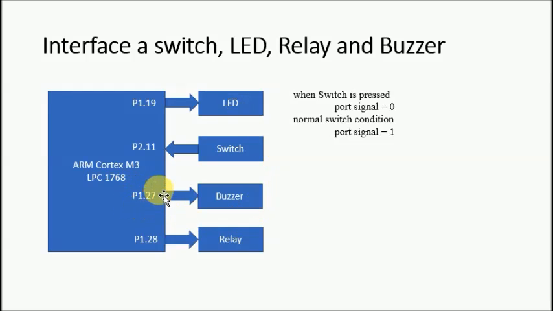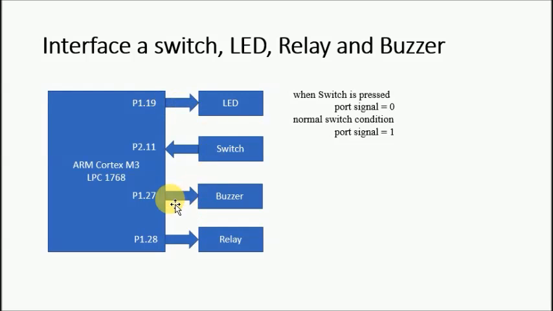When we make this pin P1.27, that is port 1 pin number 27, logic 1, the buzzer will be on. Similarly, when we want to operate the relay, port 1 pin number 28 should be logic 1. So for these 3 pins we have to write logic 1.